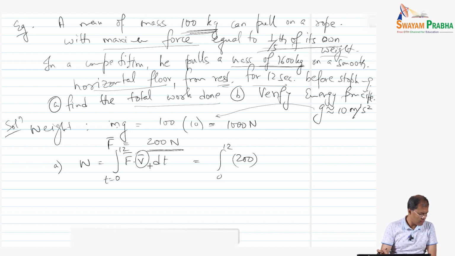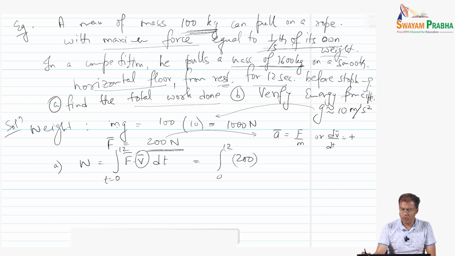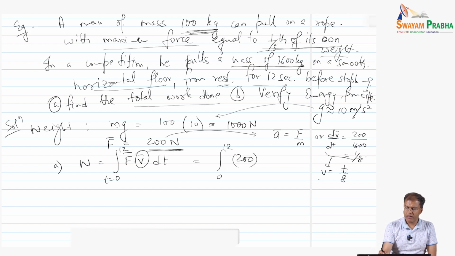From the equation of motion, acceleration a is F over m, so dv/dt is 200 divided by 1600, which is 1/8. Integrating, we find v is equal to t over 8, because at t equal to 0 the man starts from rest, and the initial condition is already given.